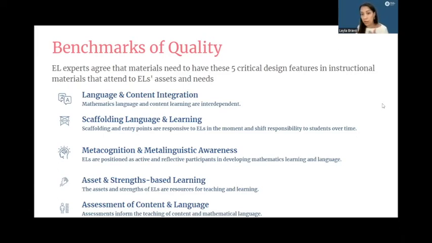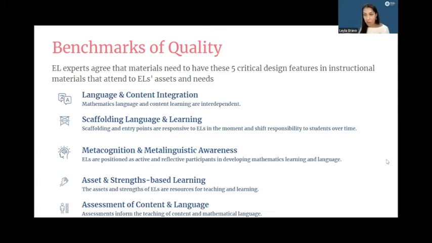The 5 listed are language and content integration, so what many of you named, scaffolding language and learning, metacognition and metalinguistic awareness, assets and strengths-based learning, again, many of the things that you all named, and assessment of content and language.